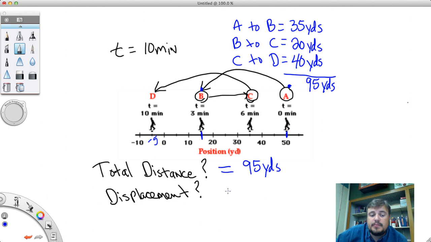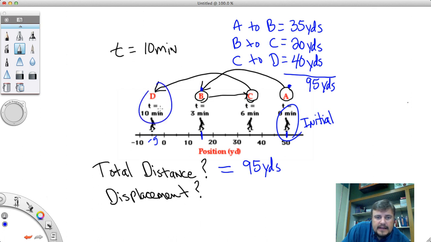Okay, now the displacement, on the other hand, is from A to D, from the initial to the final. So here is the initial. Okay, and here is the final. Initial to final.